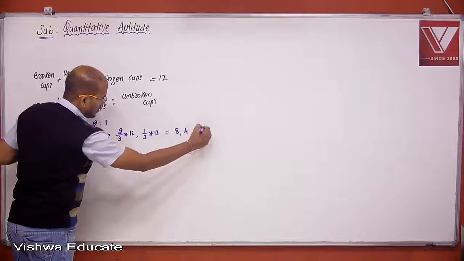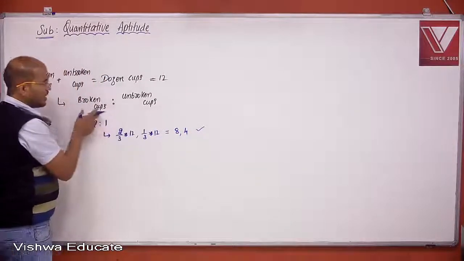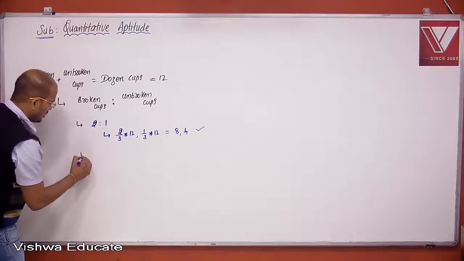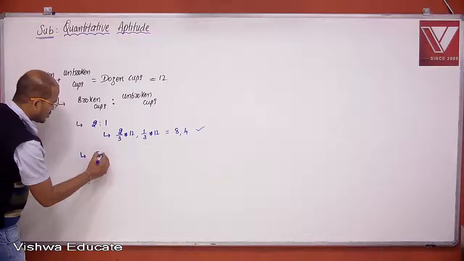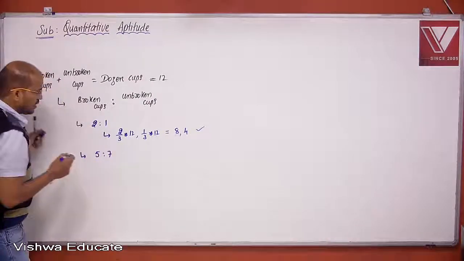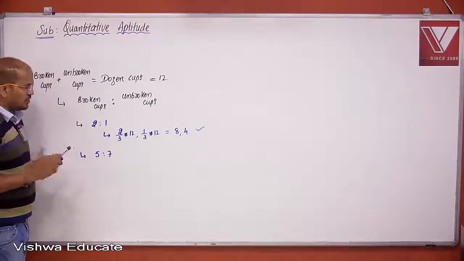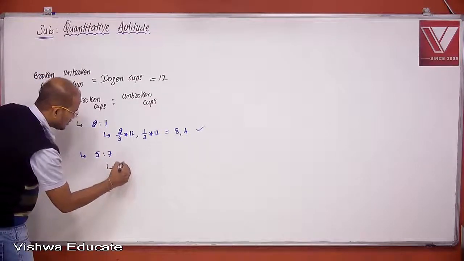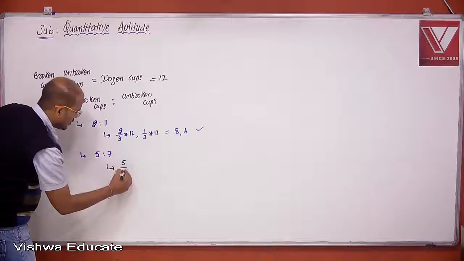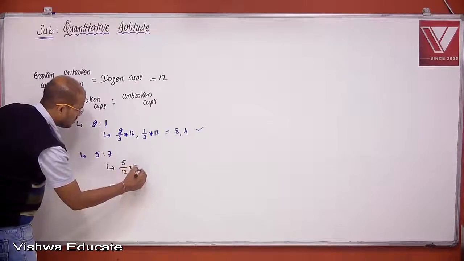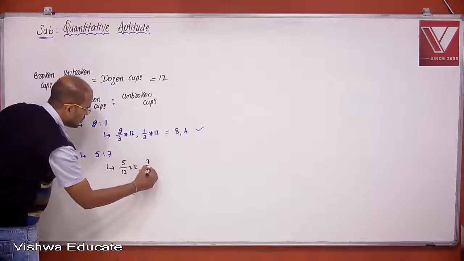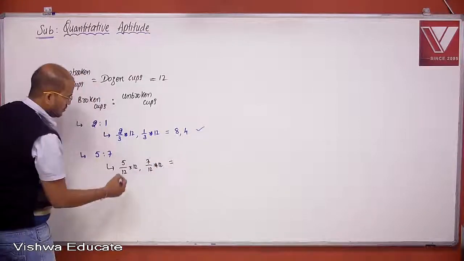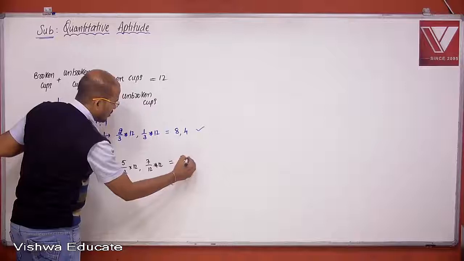So this is valid because you can have 8 broken cups, 4 unbroken cups, valid. Assume that I have a case of 5 is to 7. So when I say 5 is to 7, it is 5 over 12 times 12, which is 7 over 12 times 12. So this would be 5 comma 7.